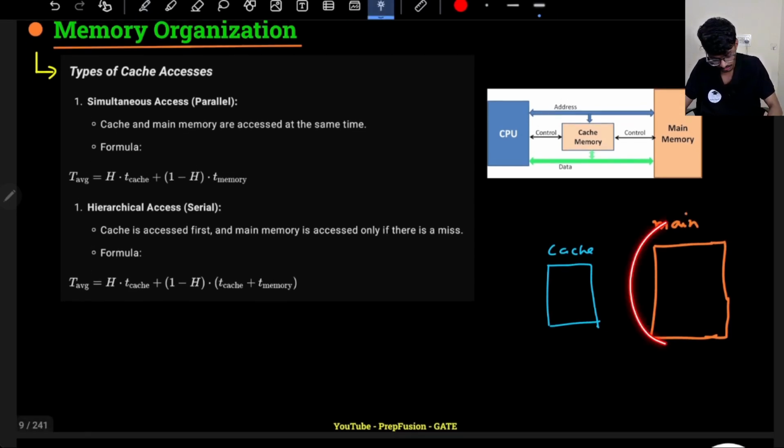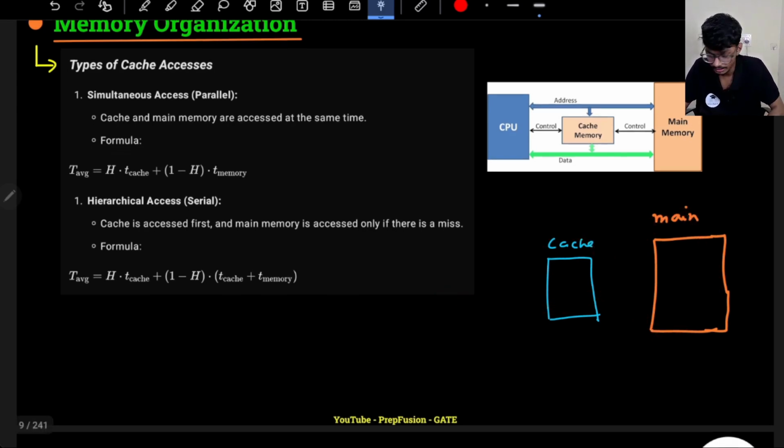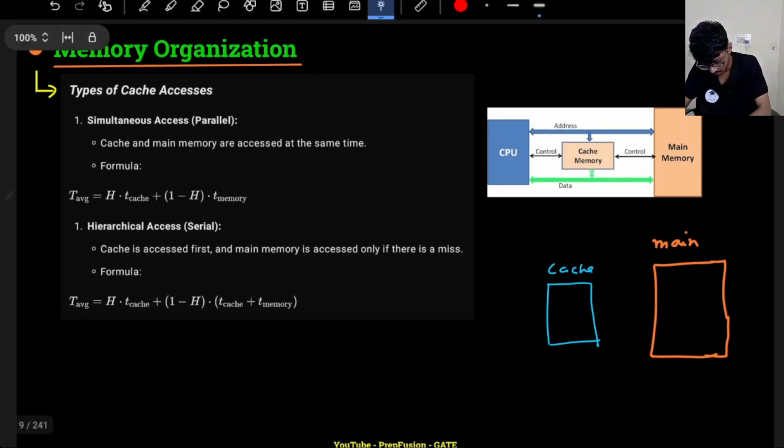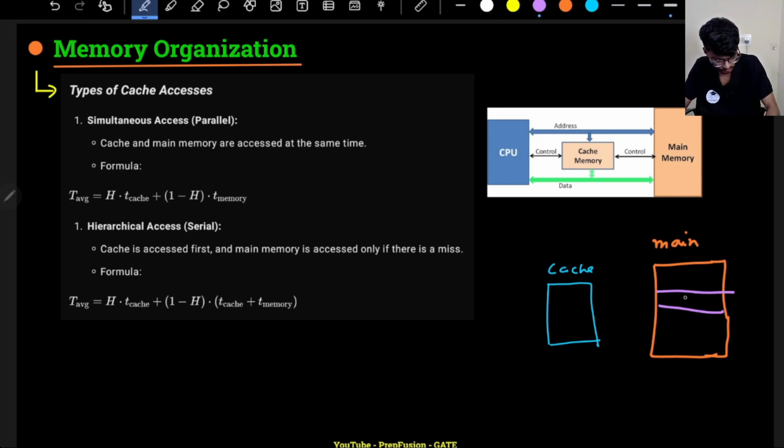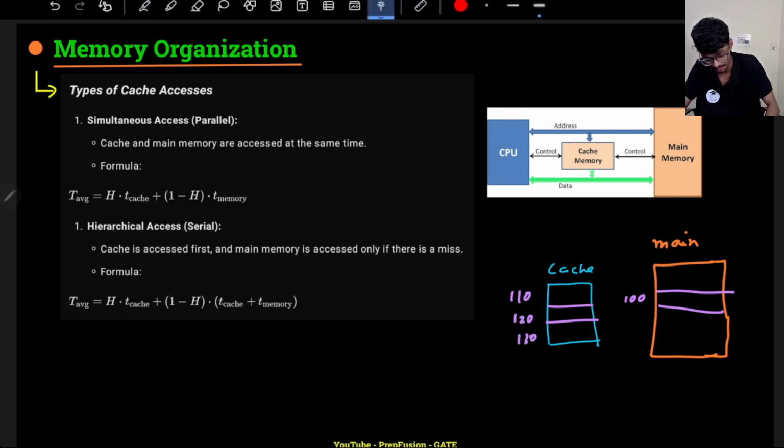Let's say I require the data at address 100, and let's say the cache contains addresses like 110, 120, 130, but it does not contain 100.